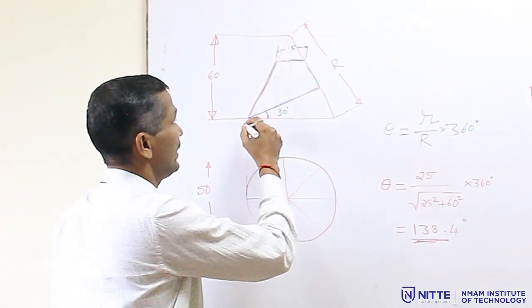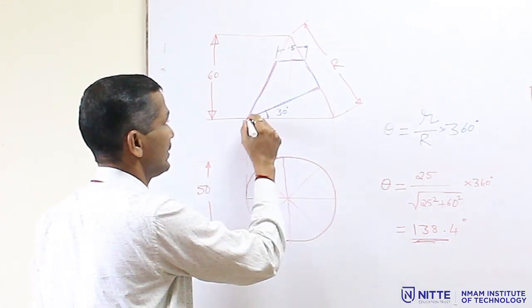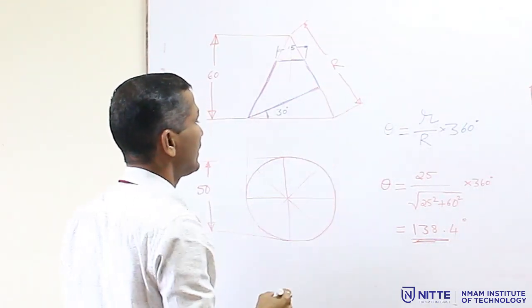Now, here actually it is a sectioned one. There is a section plane which is inclined at an angle of 30 degree.